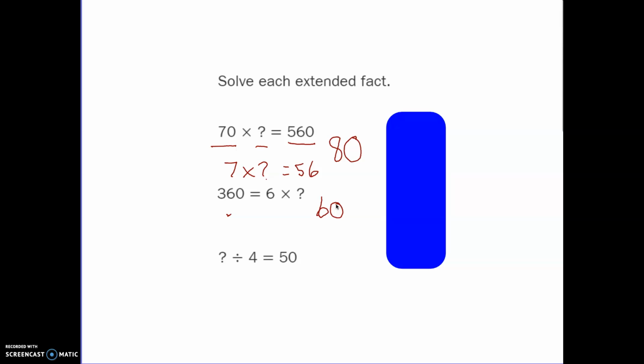Well, I am actually going to have to multiply in order to find out the answer to that problem. So I'm going to use my basic fact, 4 times 5, which is 20, but this is a 50, so I need to add that 0 at the end, and the answer is 200.